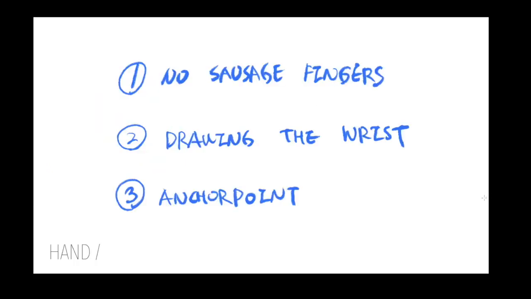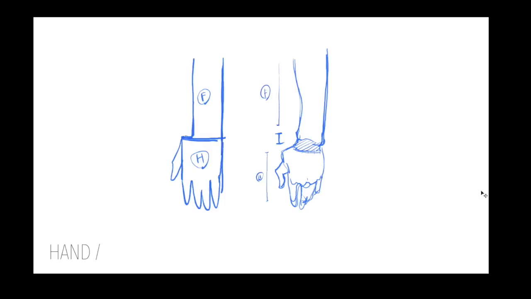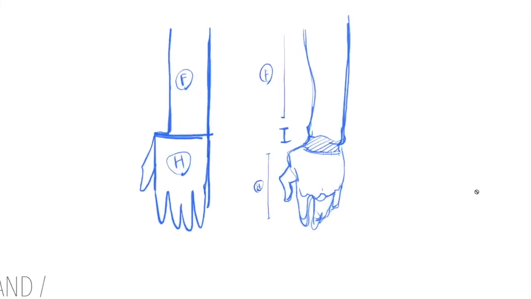Second is drawing the wrist. What makes your drawing different from others usually comes from very small details. A lot of beginners skip drawing the wrist area, or even knees or ankles, but those small details make your drawing better.